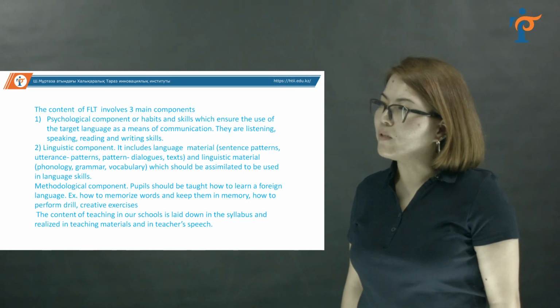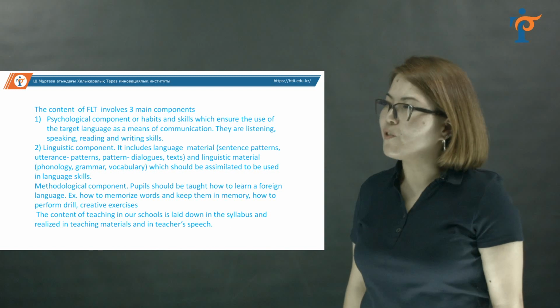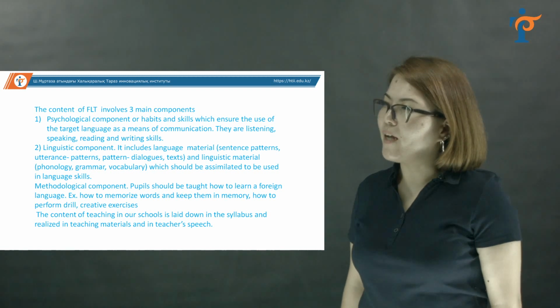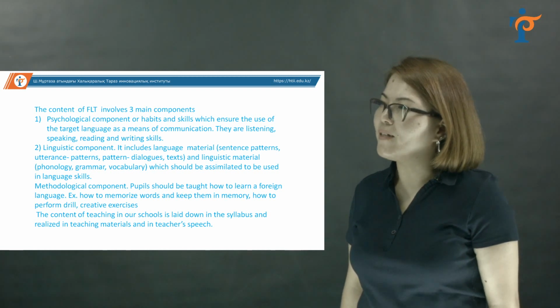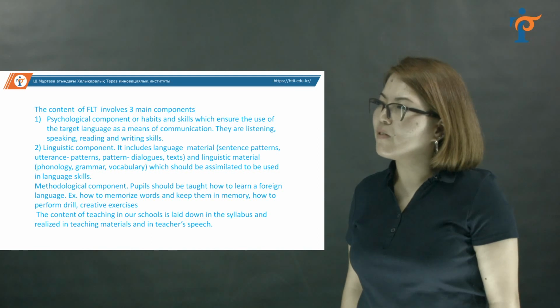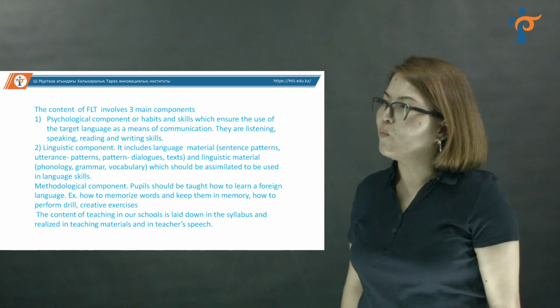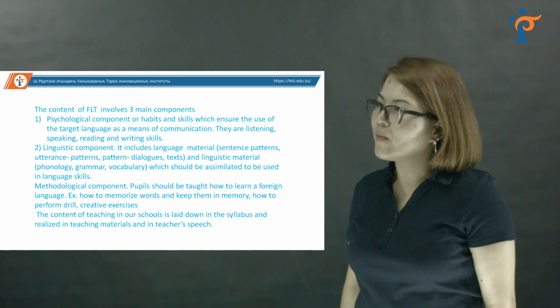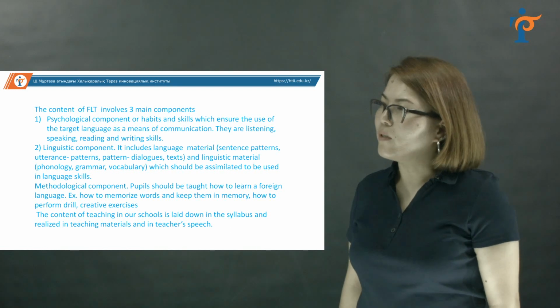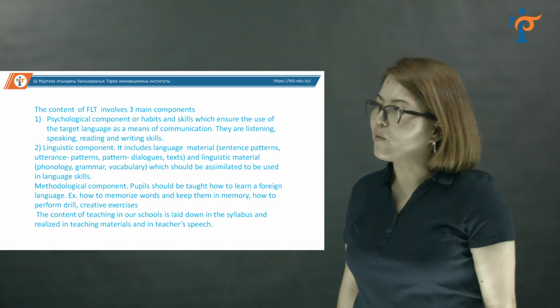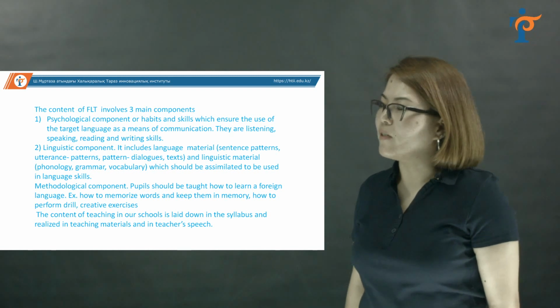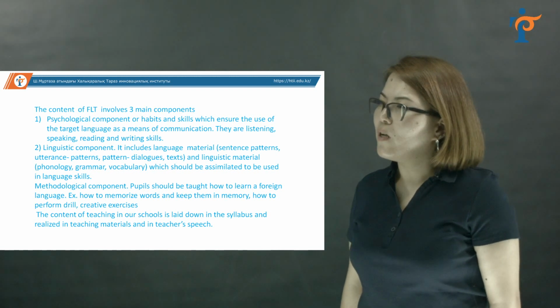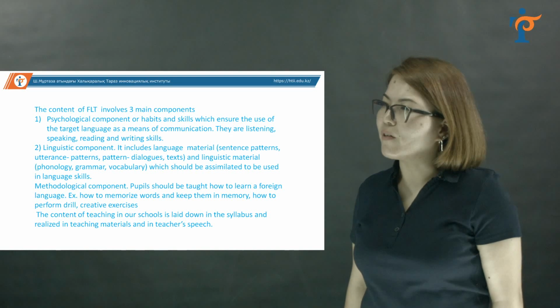Linguistic component: it includes language material, sentence patterns, utterance patterns, pattern dialogues, texts, and linguistic material, phonology, grammar, vocabulary, which should be assimilated to be used in language skills. Methodological component: pupils should be taught how to learn a foreign language. For example, how to memorize words and keep them in memory, how to perform drill, creative exercises.